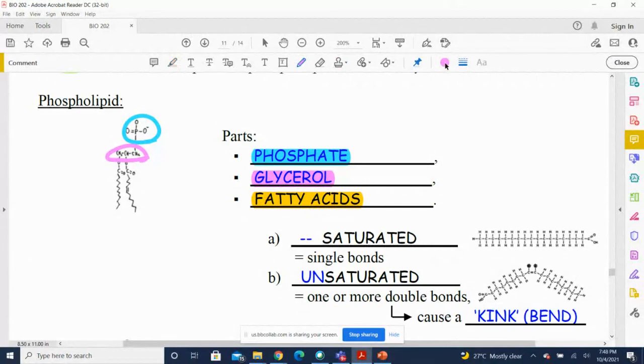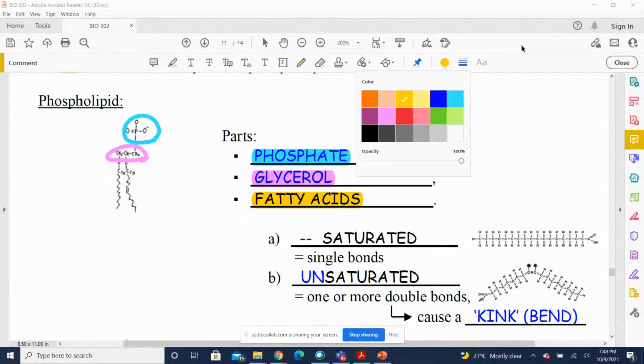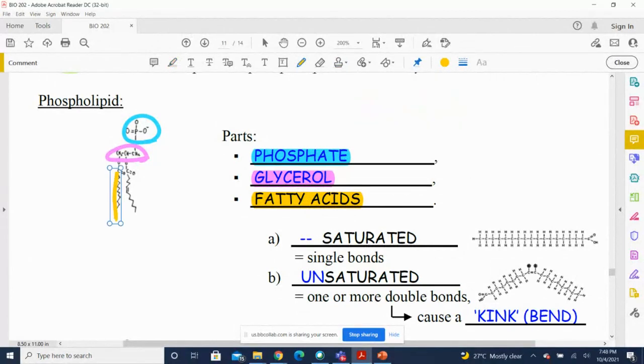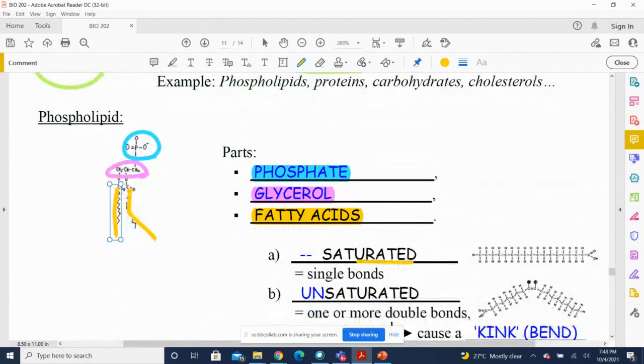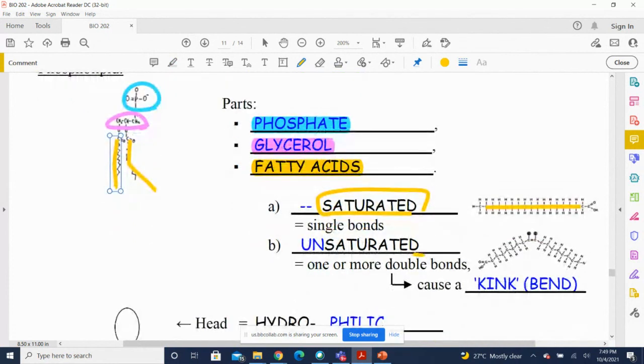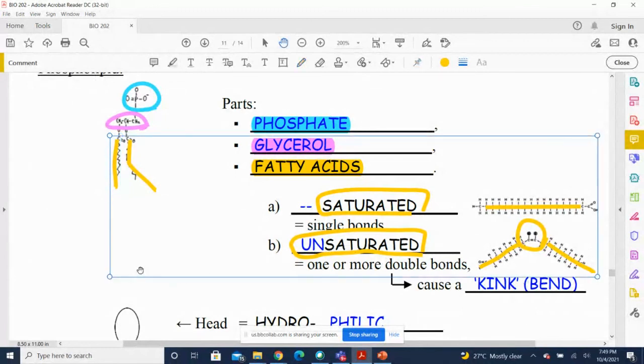And we remember that these could be either saturated or unsaturated. On saturated fatty acids, we only had single bonds between the carbon atoms, so a straight structure, whereas on unsaturated, we had this one double bond that caused this kink in the shape of the fatty acid itself.